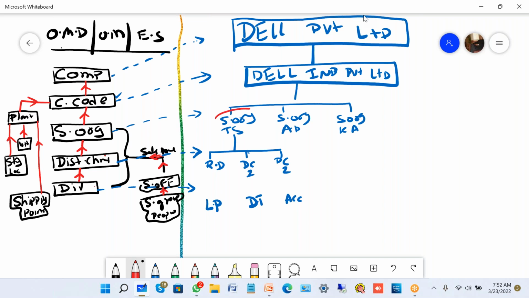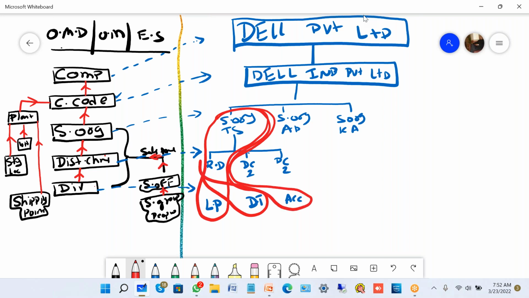Now, in the state Telangana, at Reliance Digital, laptops are available because that is declared as a sales area. In the state Telangana, at Reliance Digital, desktops are also initiated. They're also selling desktops. In the state Telangana, at Reliance Digital, accessories also. So here we got 3 product lines, 3 sales areas.